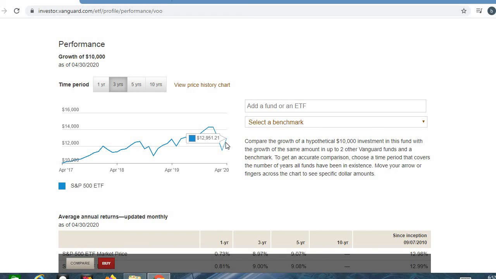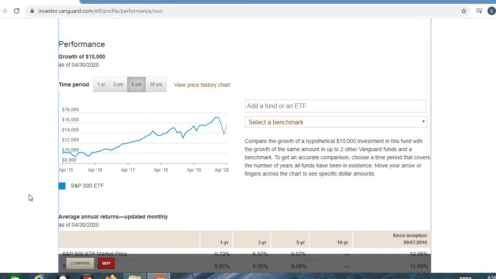For 5 years, if somebody invested in April 2015, by April 2020 it becomes $15,446. So more than $5,000 return.